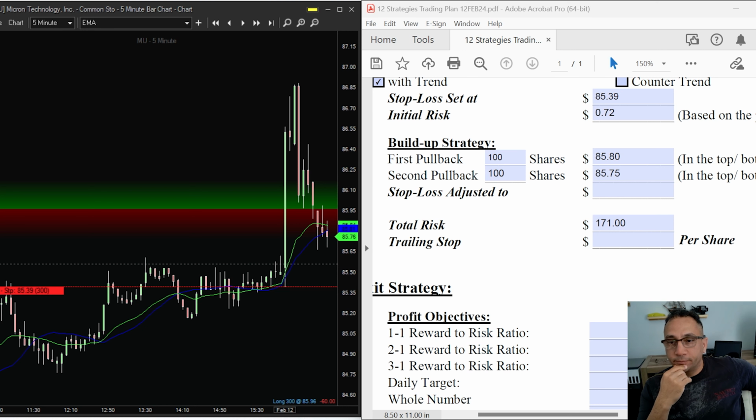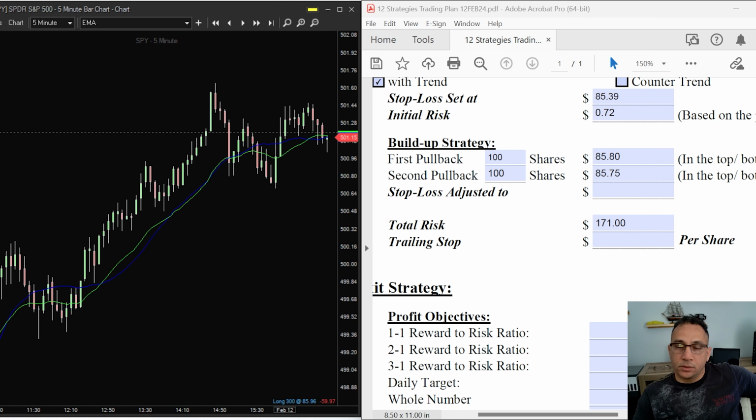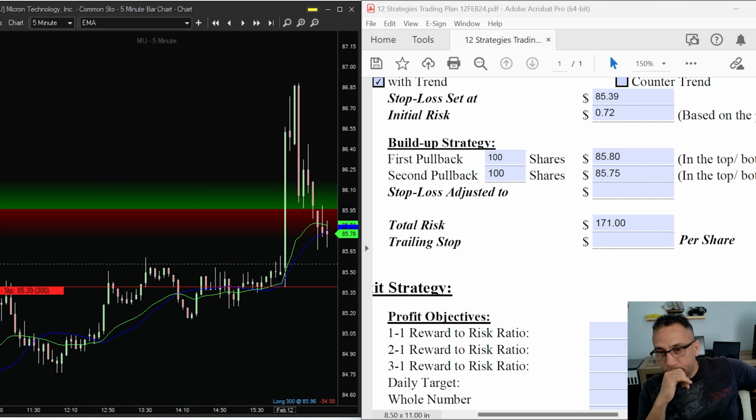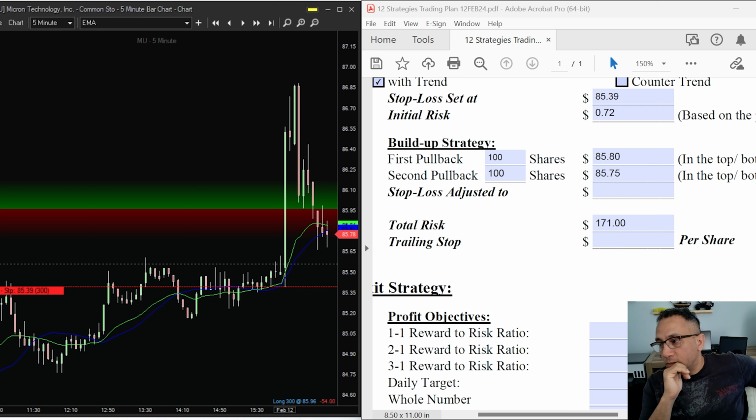SPY is reversing. Yeah, SPY is reversing. The 501 held that as it served as a nice support.